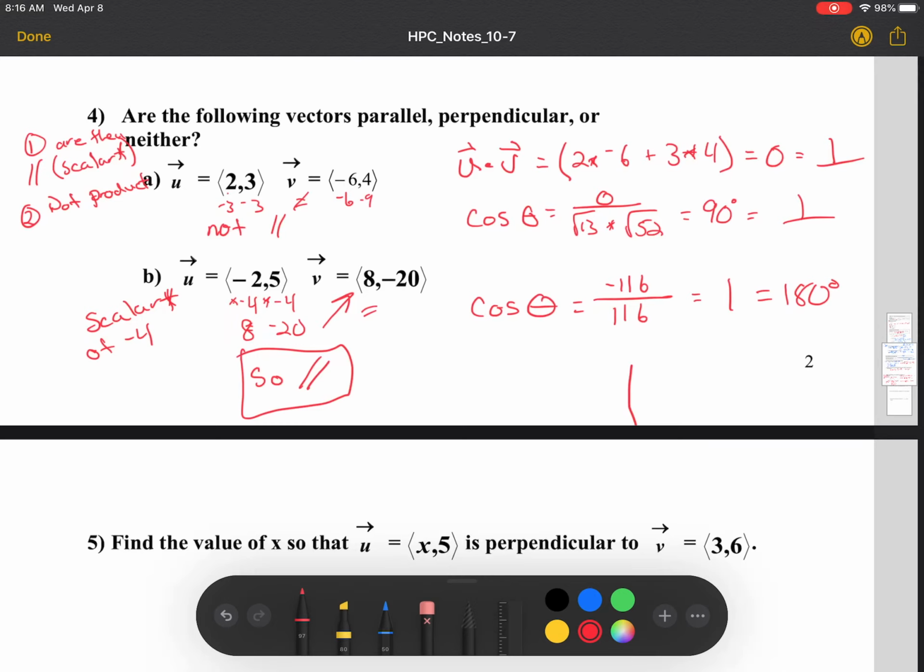So that gives you 180 degrees. If you ever test the angle and it's 180 degrees, it means they're parallel, because they're going in the exact opposite direction. Just like when we were talking about our positive and negative vectors, u and negative u are going 180 degrees different direction.